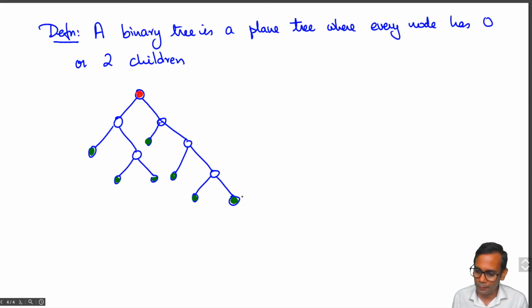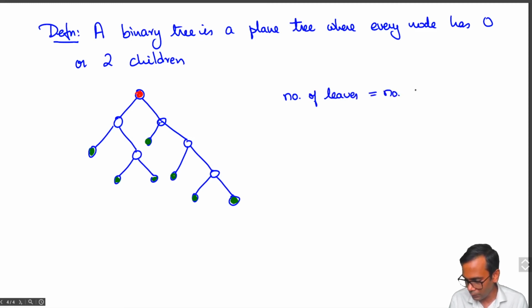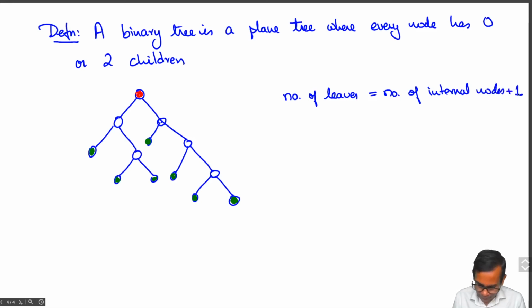Now, one important point about such trees is that the number of leaves is equal to the number of internal nodes plus 1. For example, in this picture, the number of internal nodes is 1, 2, 3, 4, 5, 6, and the number of leaves is 1, 2, 3, 4, 5, 6, 7.